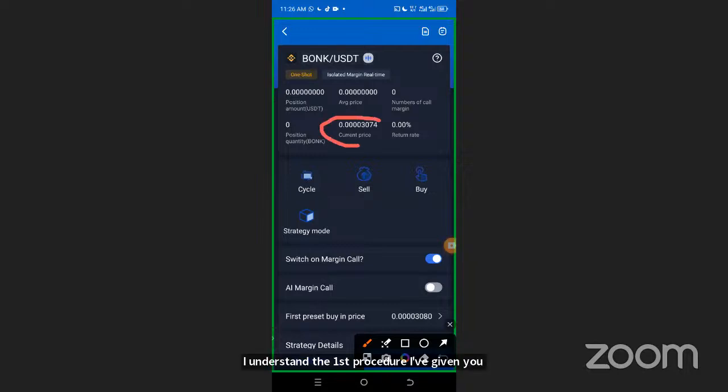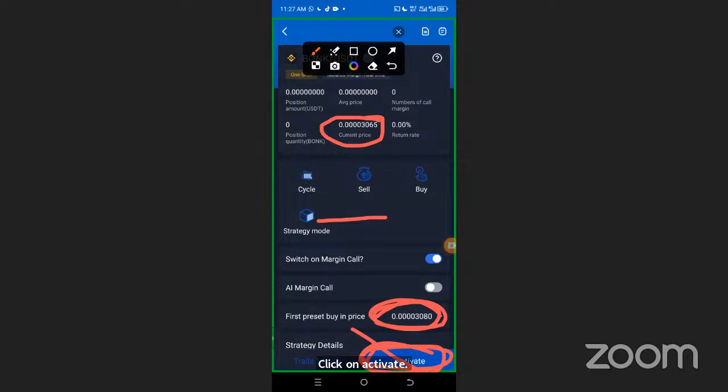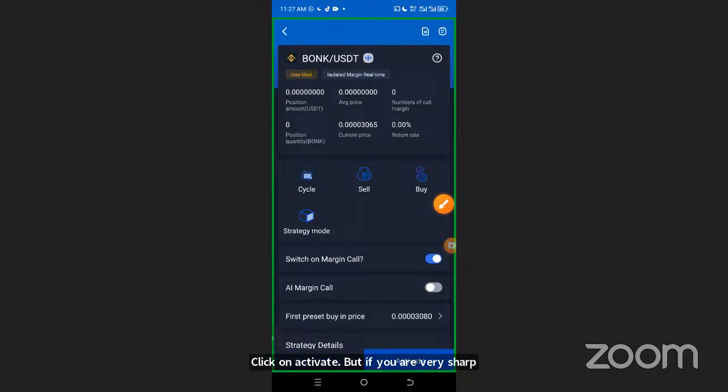It is found here. That is what they call current price. Put it here as preset price. Change the mode, then click on activate.